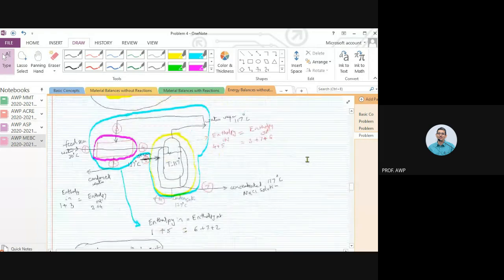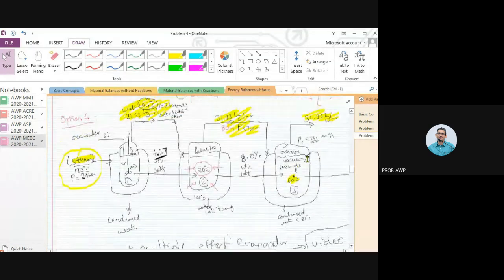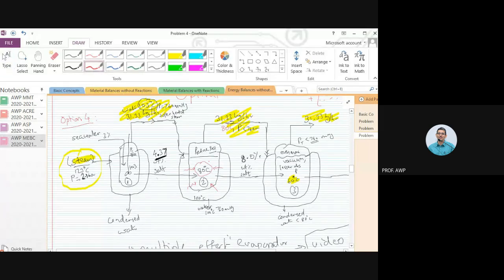It is from 1 atmosphere to maybe 0.8 atmosphere or 0.9 atmosphere. Do you agree? So only a small amount will vaporize. It will not be enough to vaporize this much amount of water. That's why we will need this extra water vapor to be supplied as a heating medium.